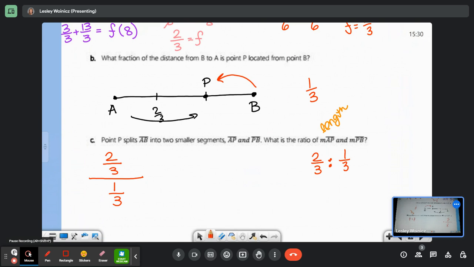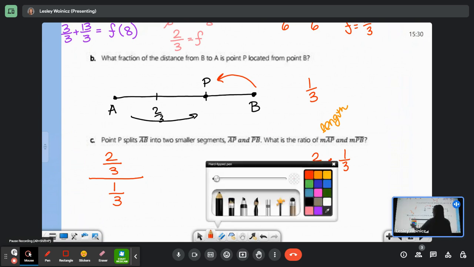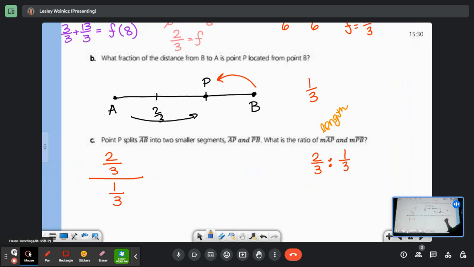So it's legal to multiply the top and denominator by the same number. So I'm going to do times 3 times 3. Because if I multiply by 3 over 3, isn't that just a big fancy 1? Yep. Okay, so I'm just timesing by 1, which doesn't change the value. I'm just changing the way it looks.